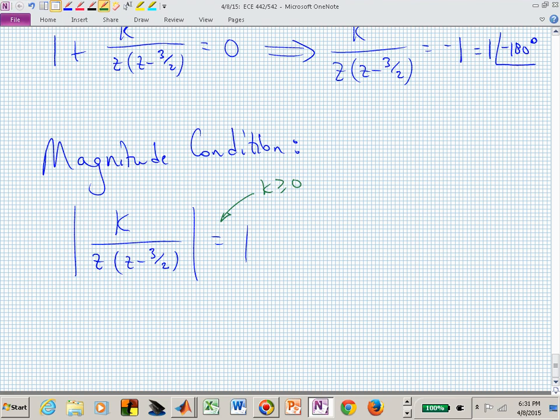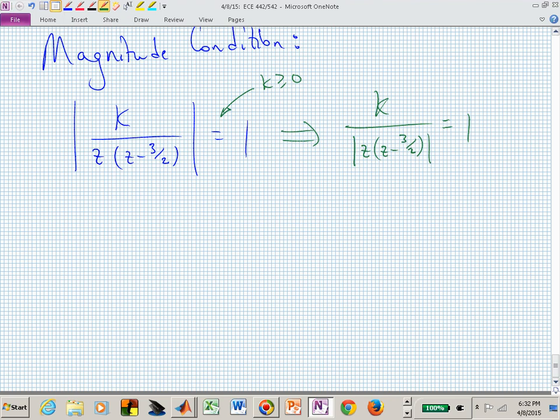But the magnitude of the numerator I'm assuming is positive, so I'm going to just forget that and solve this and say that I can now, from this, say I have k, z minus 3 halves is equal to 1. Are we okay with that?